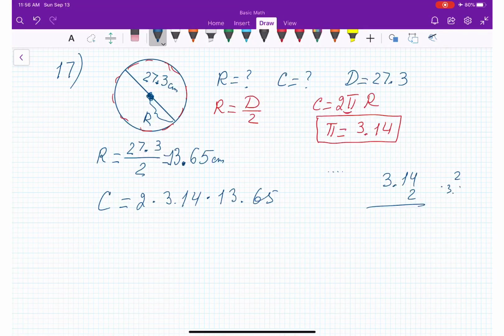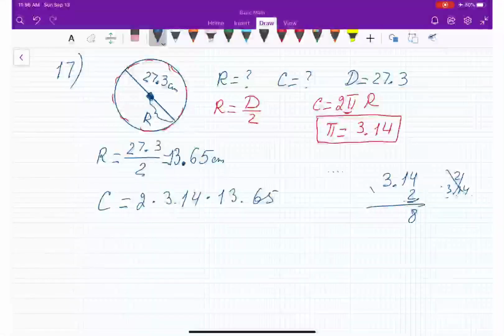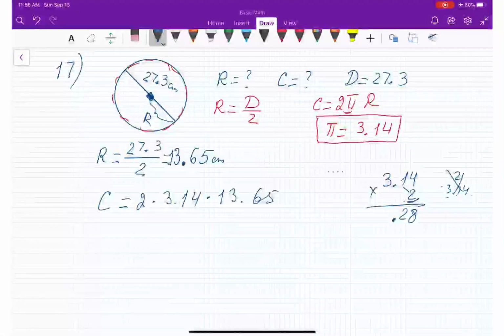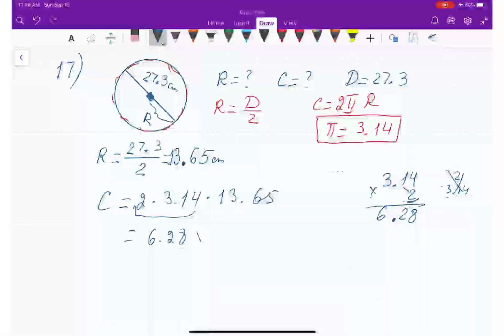So 2 times 4 is 8. 2 times 1 is 2, decimal point. 2 times 3 is 6. So here I'm getting 6.28 times 13.65.